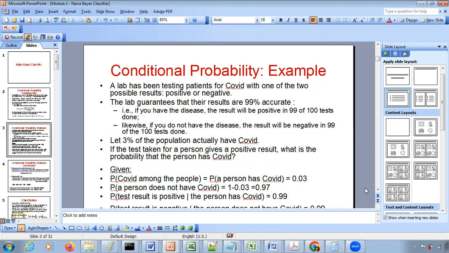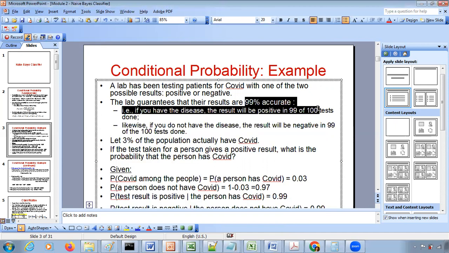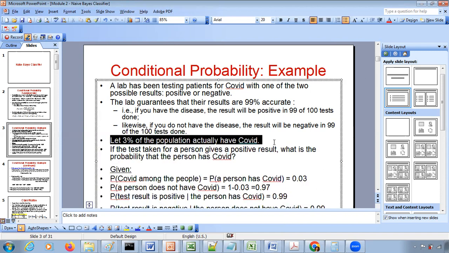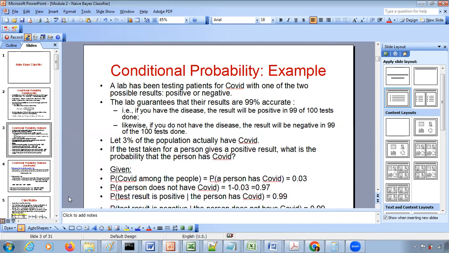Then what's the probability the person has COVID? Because there's only a 99% accuracy of the test. It's not 100% accurate. So if the test result comes out as positive, it doesn't mean the person really has COVID. There's still a probability the person may not have COVID. Because again, only 3% of the population actually has COVID, not 100% of the population. So that's the condition there.